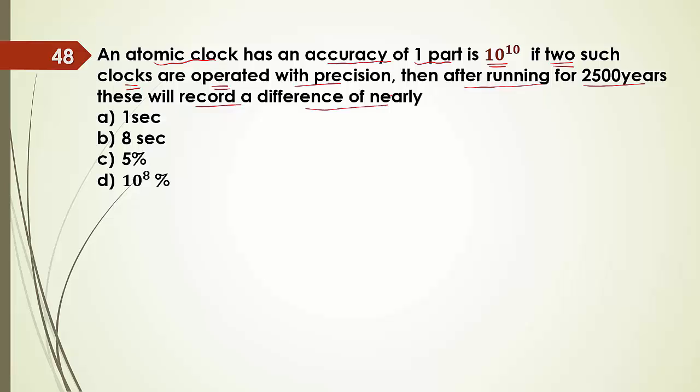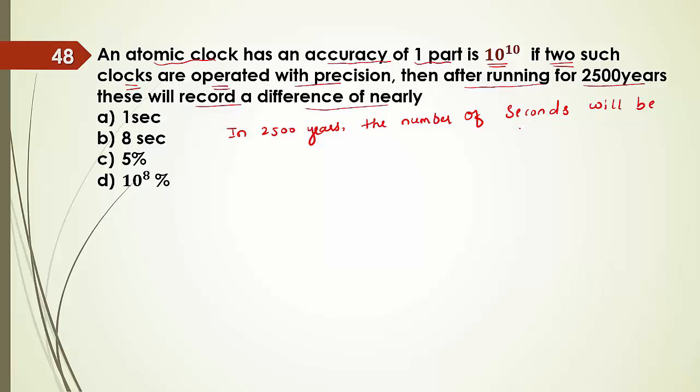If two such clocks are operated for 2500 years, then these will record a difference of nearly? They are going to take two atomic clocks. So the atomic clock has an accuracy of 1 part in 10 raised to 10. First we can calculate the number of seconds in 2500 years, then later we can calculate the difference.